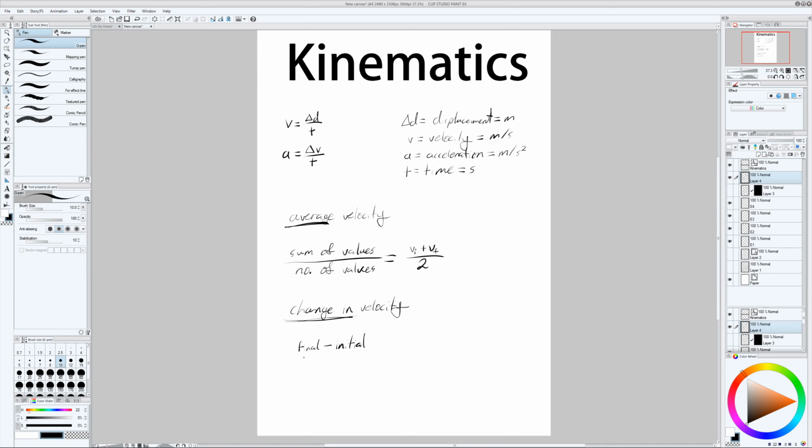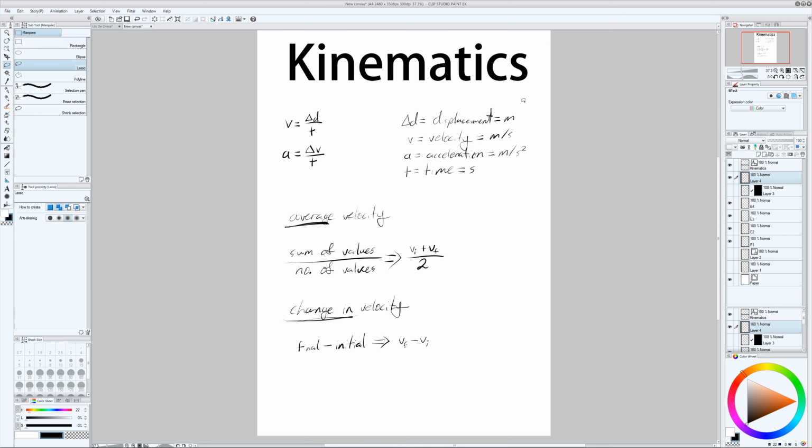And that's what the change in something is. So in the case of velocity, that's going to be the final velocity minus the initial velocity. Now we add these into these equations and we start to see quite a few interesting things.